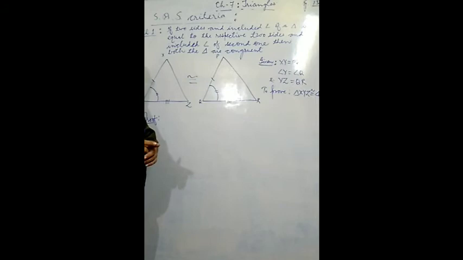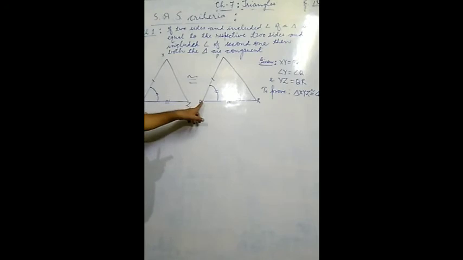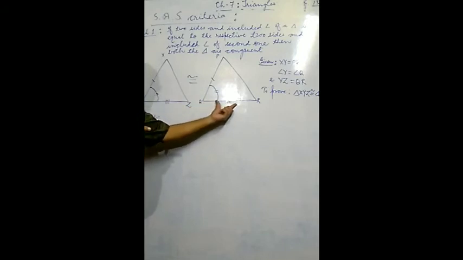Once again, try to follow. This one is based on your logic. On the basis of logic, this will be proved. Very simply, what to do? You have to replace this triangle XYZ exactly on triangle PQR in such a way that point Y falls on point Q and YZ along QR.